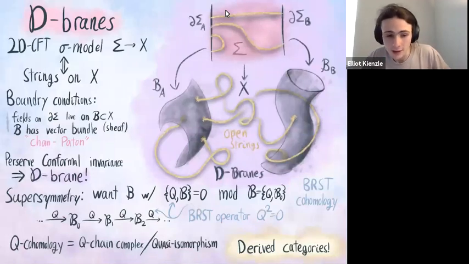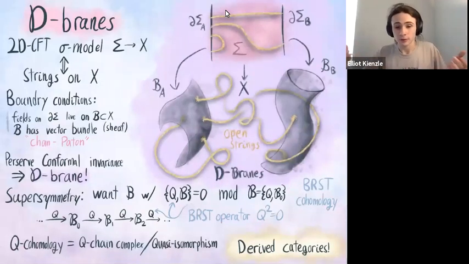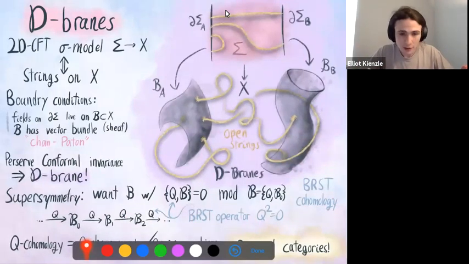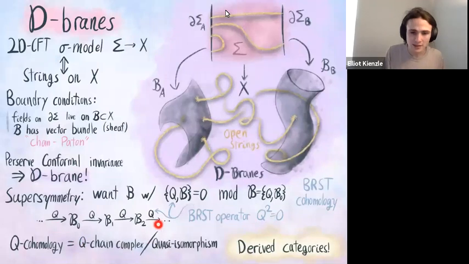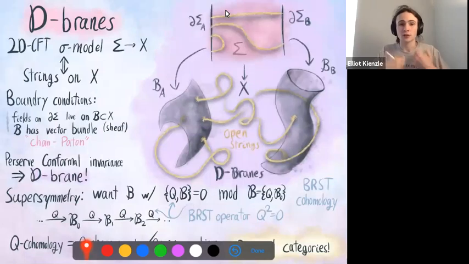This is a very well-known notion in category theory. It gives the notion of the derived category of these branes. Remember, these branes are an element of a category that was on the last slide. By imposing BRST invariance, we're basically passing to the derived category of that.